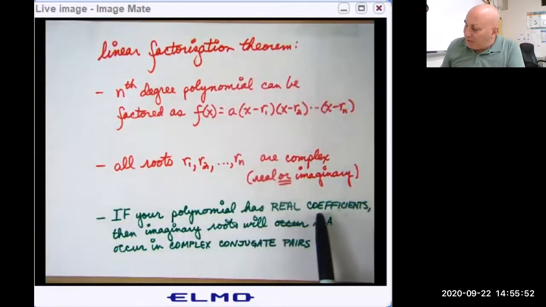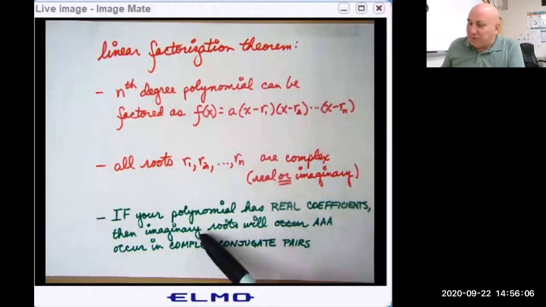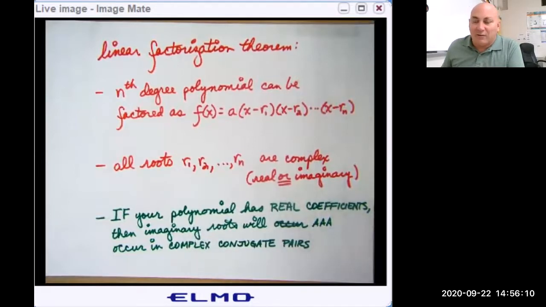If your polynomial has real coefficients, in other words, you have something x cubed plus something x squared plus something x plus a constant, and there's no i in there anywhere, then any imaginary roots you have will always, always, always come in complex conjugate pairs.